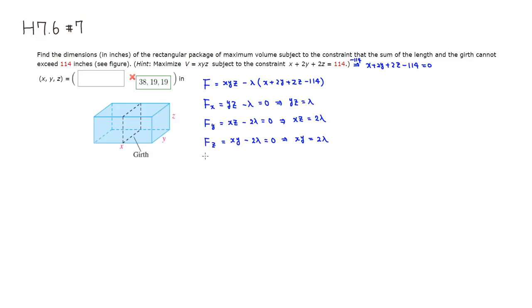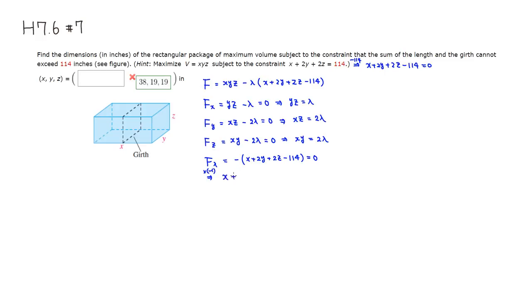Then partial with respect to lambda would be negative x plus 2y plus 2z minus 114, equal to 0. The first thing I'm going to do is multiply by negative 1 so that I can get rid of the negative sign.